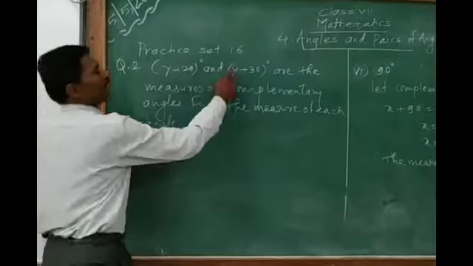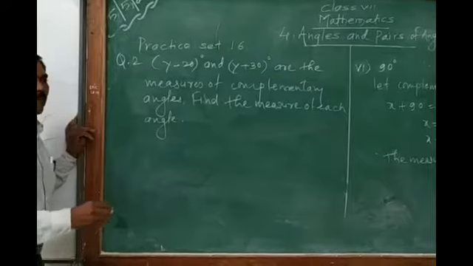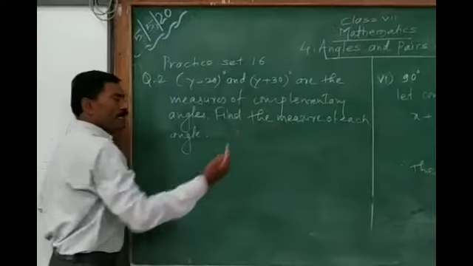Two angles are given, y minus 20 and y plus 30. By the definition of complementary angles, the sum of these two angles is 90 degrees.